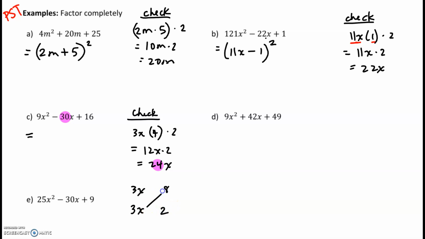So when I multiply, 3 times 8 is 24x. 3 times 2 is 6x. And I can see that these add to 30x. I want 30 to be negative, so then these factors have to also be negative. Okay, so we have 3x minus 2 times 3x minus 8.